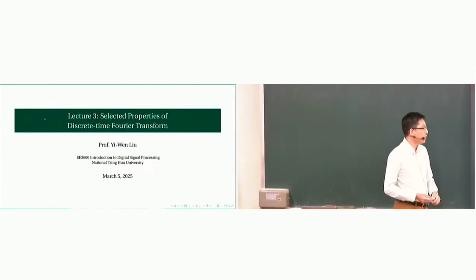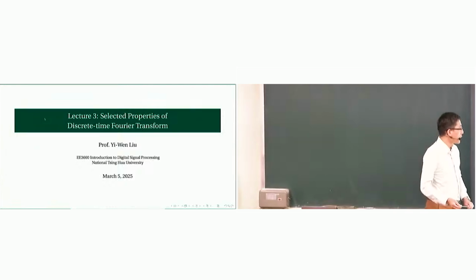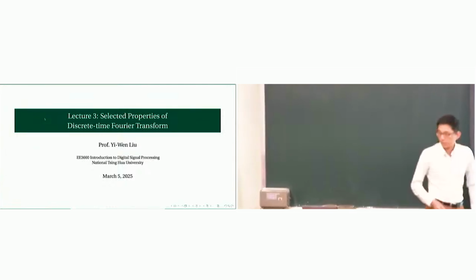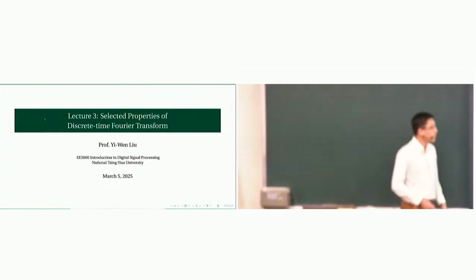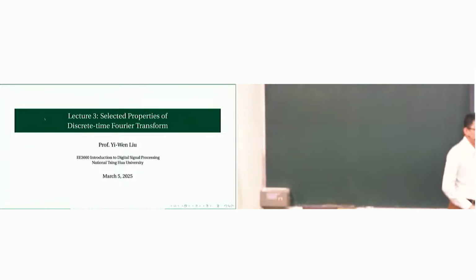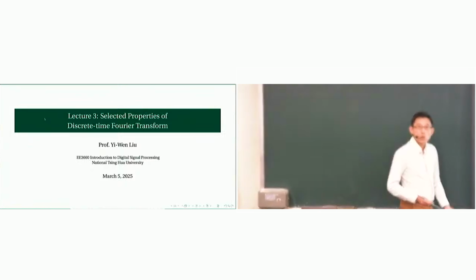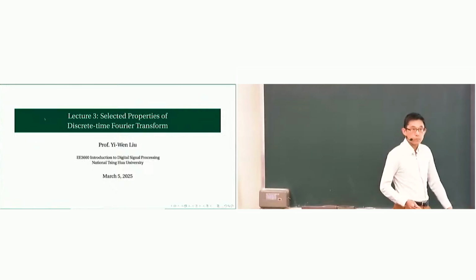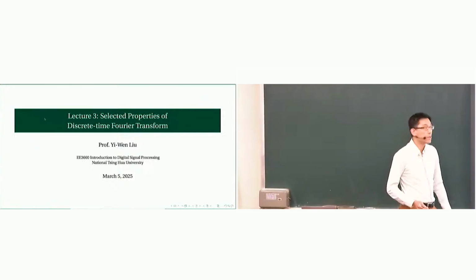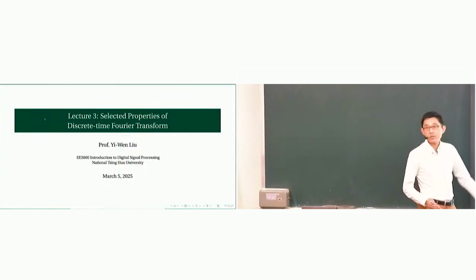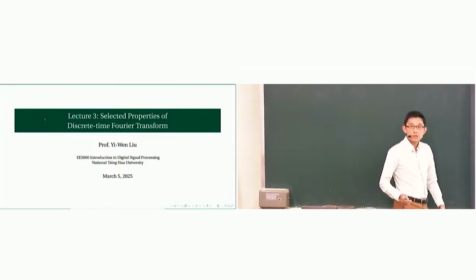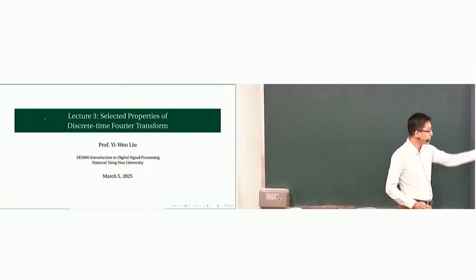Okay, so this is a version of the Fourier transform that was defined on discrete-time sequences. So today we are going to continue, and in case you have already learned DTFT before, most likely from signals and systems, this will be a review. But for some of you this might be new, but selected properties.